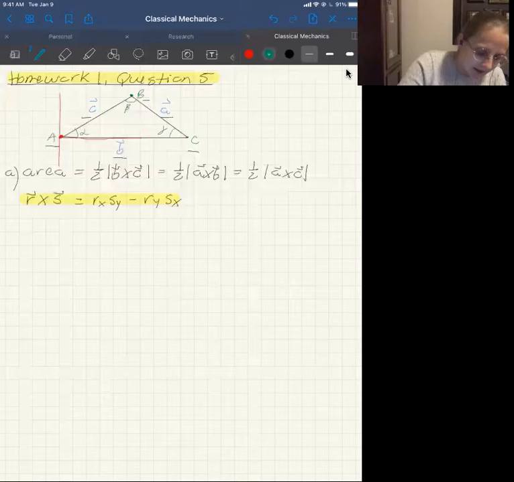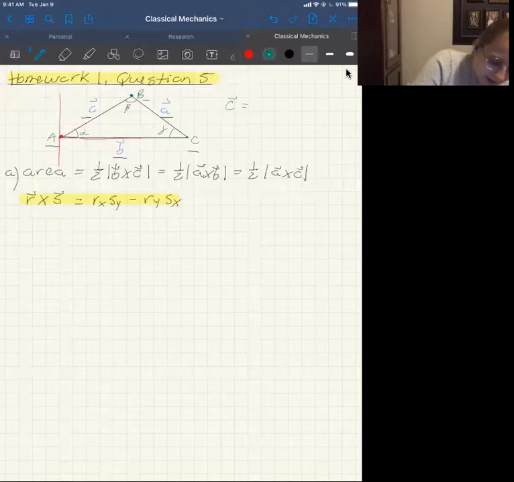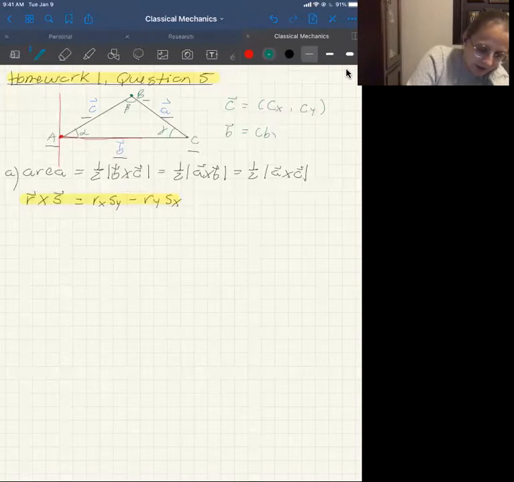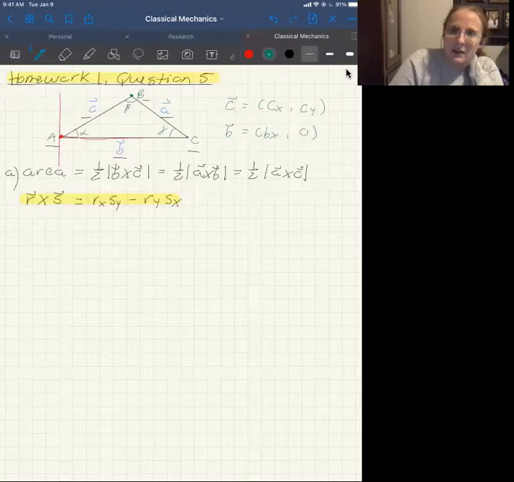So what this means is that I can rewrite vector C to have some component in the x direction and some component in the y direction. And I can rewrite vector B to have some component in the x direction, but nothing in the y direction, since it's entirely on the x-axis.